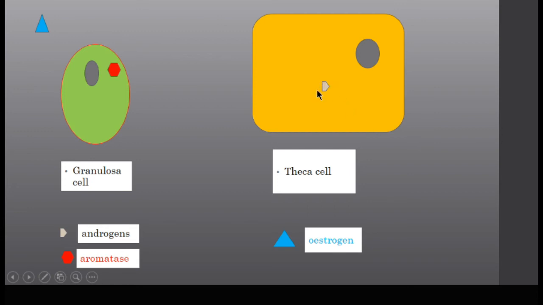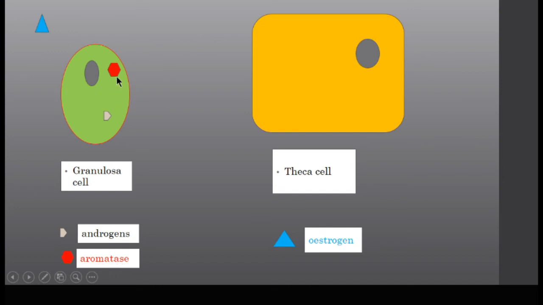After the synthesis of these androgens, the androgens will pass into the granulosa cell. So from these theca cells, the androgens enter into the granulosa cells. And inside these granulosa cells, you can see this is the molecule of the enzyme, the aromatase. This is the aromatase enzyme.